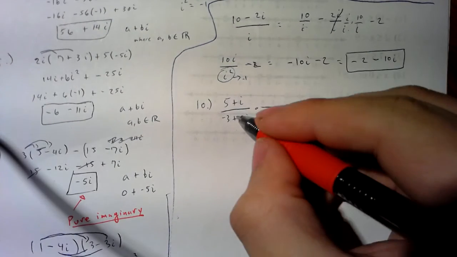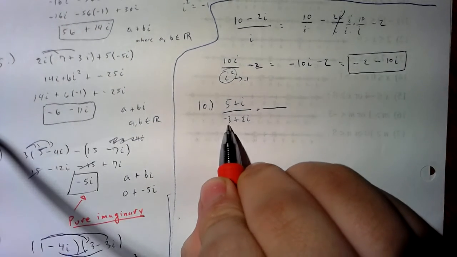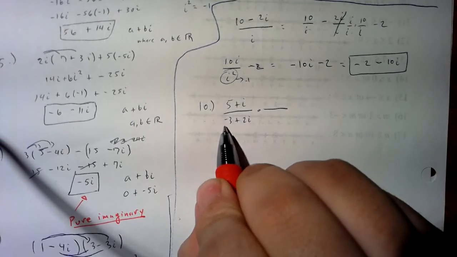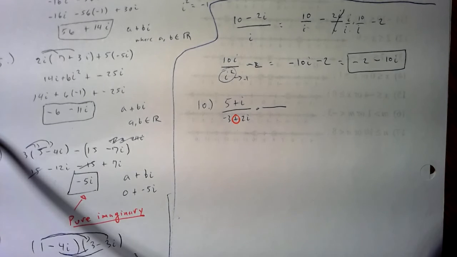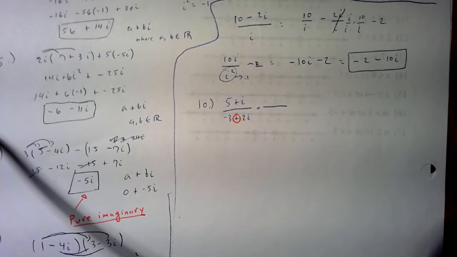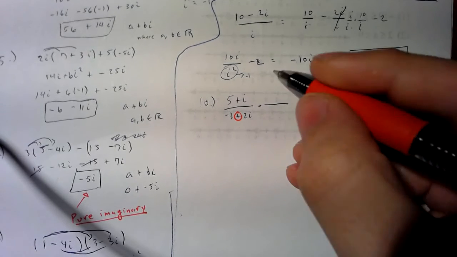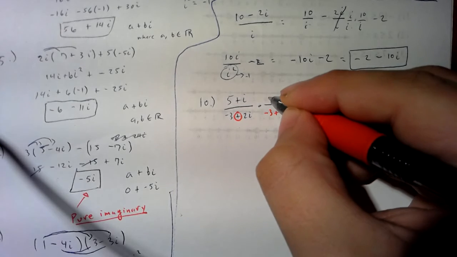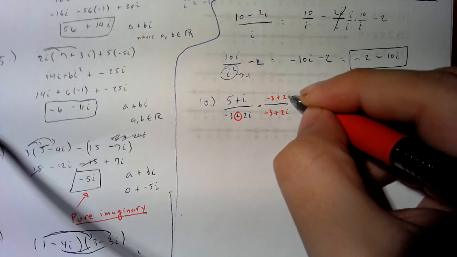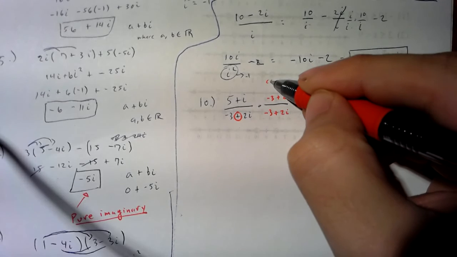Now, the complex conjugate is going to be the same exact binomial, except you flip that sign. So if there's a plus sign there, it turns into a negative sign. If there was a minus sign there, it turns into a plus sign. So we're going to be multiplying by the complex conjugate, like this. I'm going to write it in red here.